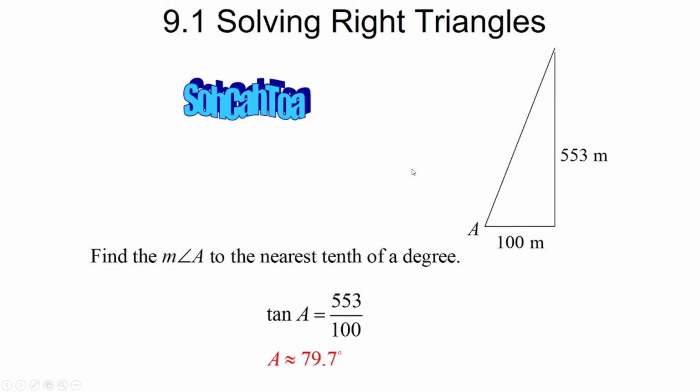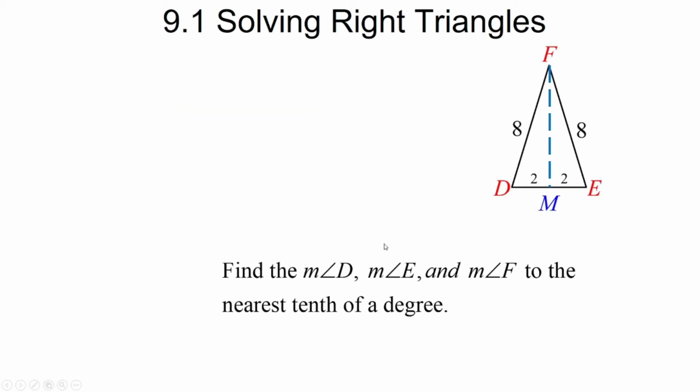Okay, I hope this is looking very familiar to you. All right, now, oh, look at this diagram. It looks like we have an isosceles triangle, and the altitude or height of that isosceles triangle is right here. So the base, which is 4 units, has been divided into 2 units here and 2 units right there.